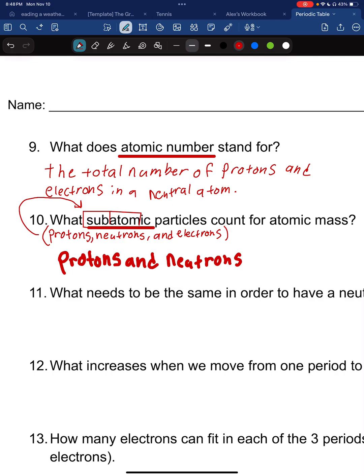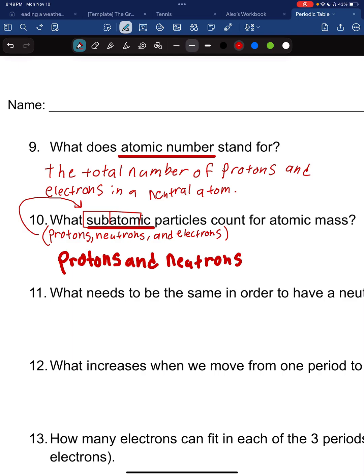The first reason is that electrons are so incredibly tiny, much smaller than even protons and neutrons, that they don't even bother to account for them towards the mass. Now the second reason is that electrons are moving so fast, orbiting around our nucleus, that they're not in the same consistent spot.